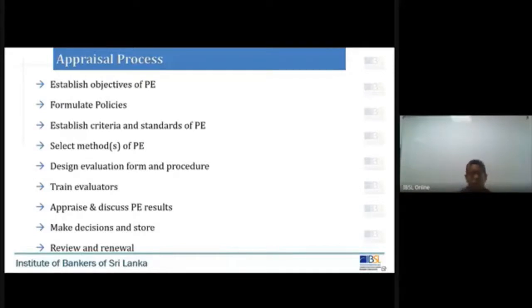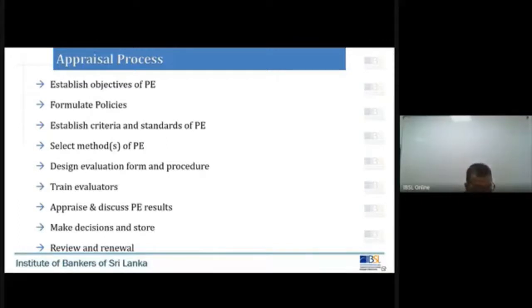Now, what do you mean by criteria? What do you mean by a standard? Just simply try to understand. Criteria means, for example, the factors that are used to evaluate job performance over a particular period of time.